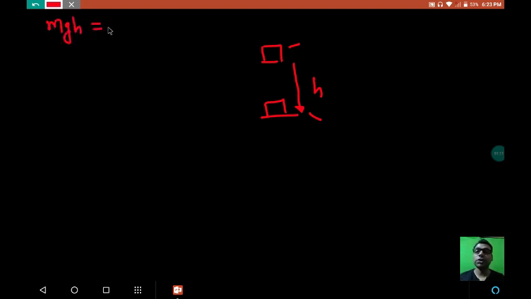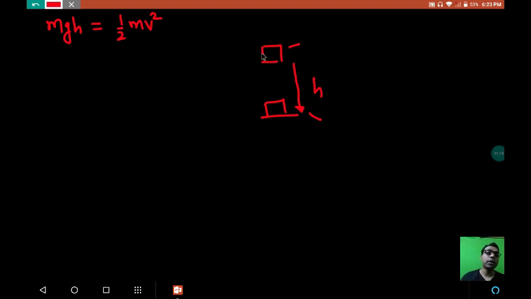As you can see, a mass is released from height h and reaches the ground. So the potential energy is converting into kinetic energy. We can say the potential energy at height h is mgh, which is converting into the kinetic energy, that is half mv square.